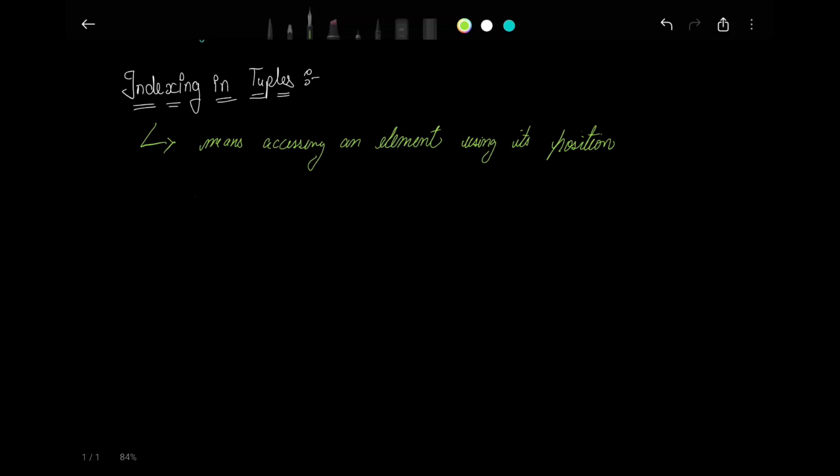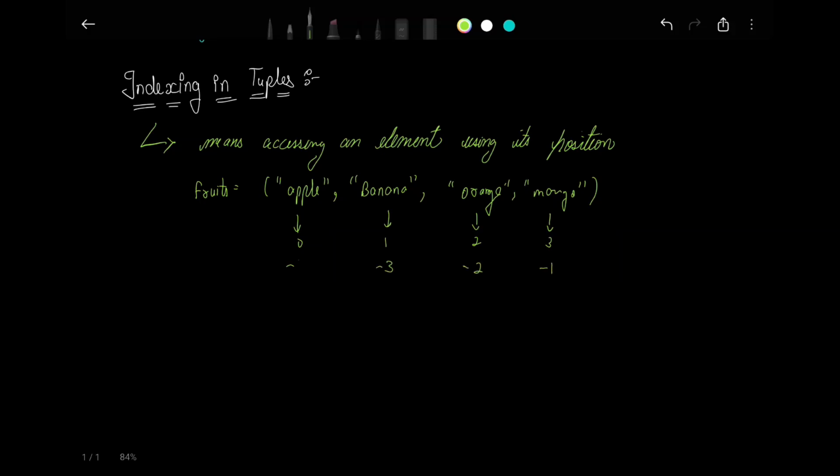For example, I create a tuple named fruits and I store values in it. Now apple is at index 0, banana at index 1, then index 2 and index 3, and we can also have negative indexing, that is -1, -2, -3 and -4.